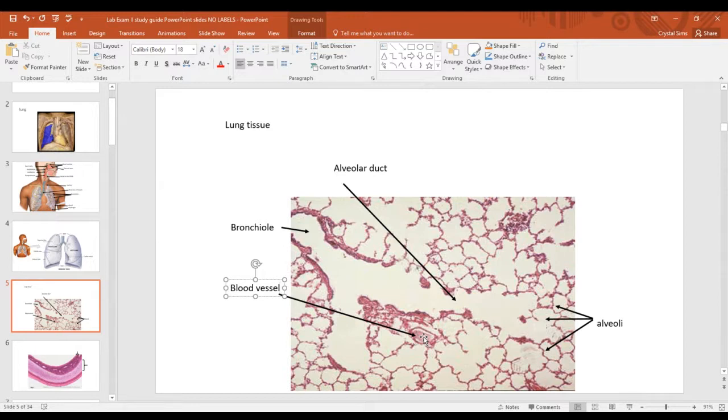All right, now, if we start moving over toward the left side, we've got this structure that's right here in the middle where this middle arrow is pointing to. This structure here in the middle, that's leading to these different alveoli. So what is that going to be called?